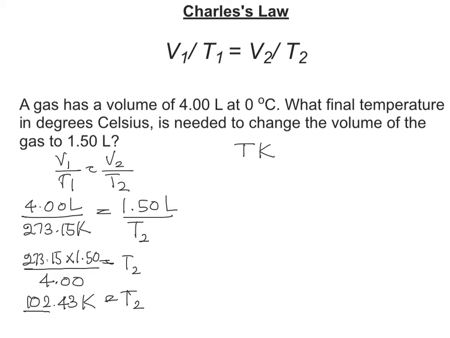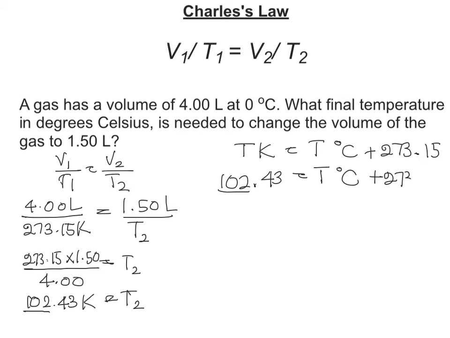Temperature in Kelvin is equal to temperature in degrees Celsius plus 273.15. So our temperature 102.43 with three significant figures should be the temperature in Celsius plus 273.15. Therefore, the temperature in Celsius is equal to 102.43 minus 273.15.